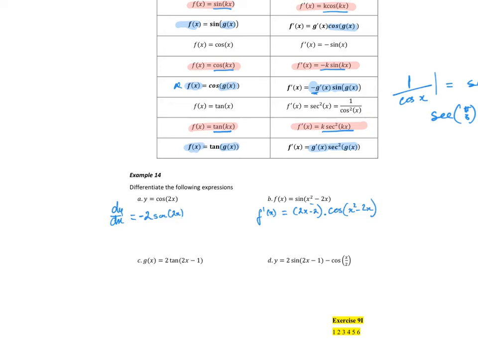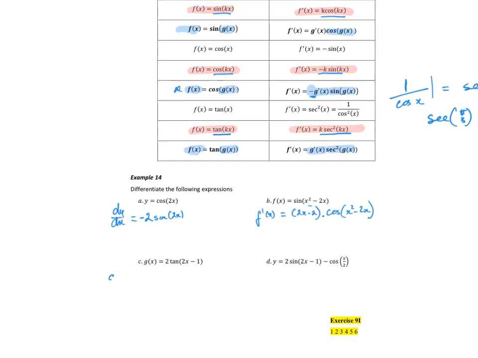What about tan? So g dash of x will equal, the derivative of 2x minus 1 is 2, times, we've got the 2 there, derivative of tan is sec squared of 2x minus 1. So that's just equal to 4 sec squared of 2x minus 1.